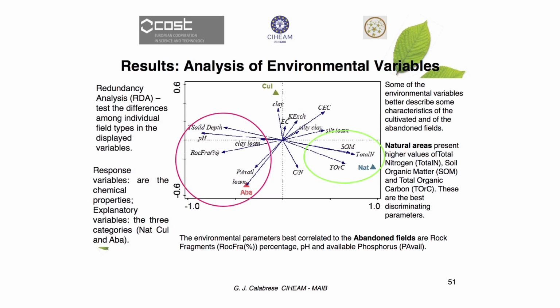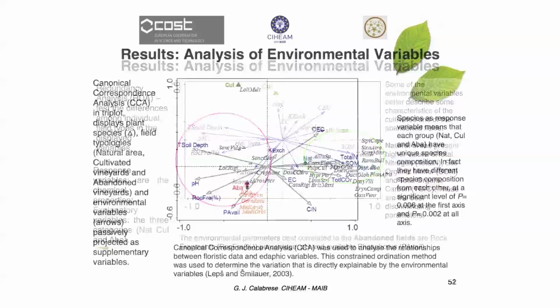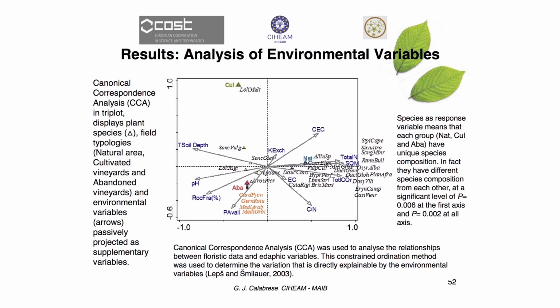And abandoned fields are characterized by a higher percentage of rock fragments, pH, and available phosphorus. This is the natural areas, and this is the characterization of the abandoned field. This was a first step because we need to understand what is the correlation between those environmental variables and the fields.